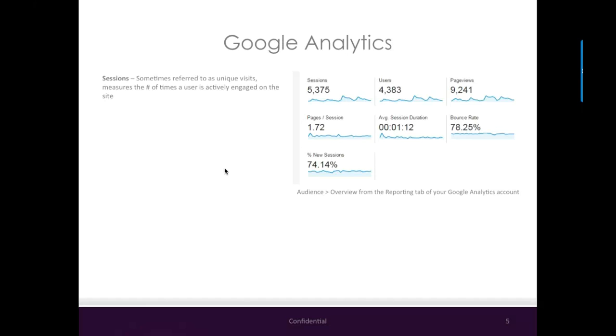So as we look at this, the key stats that you see here, we're going to start with sessions. Sessions are the number of times people come to your website. For print publishers, a way to think of it is it's the number of times someone picks up your publication, physically lifts up the document and starts to go through it. Now, users, on the other hand, are the number of people who pick it up.